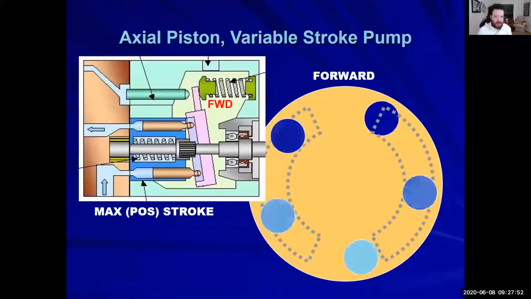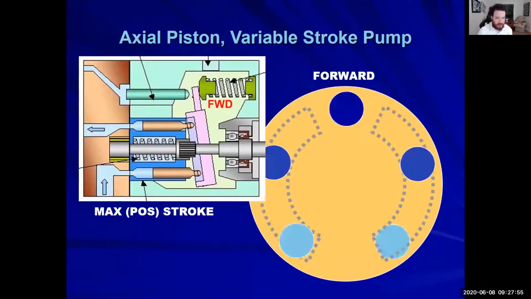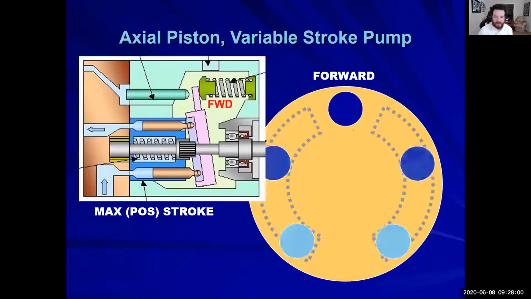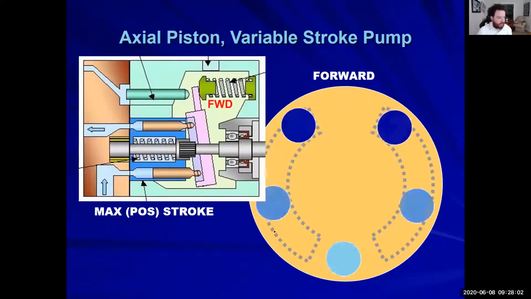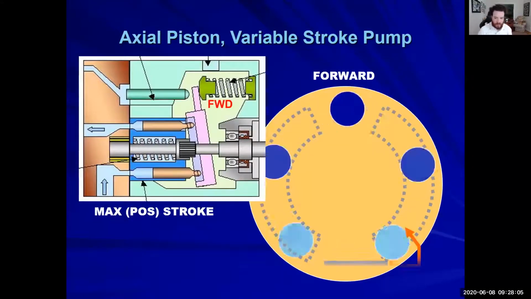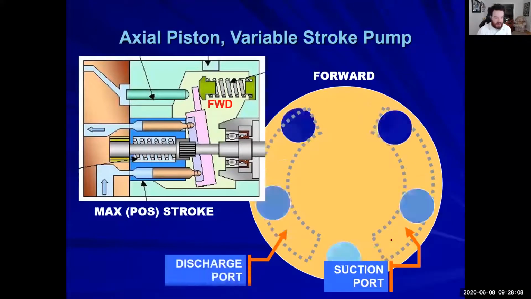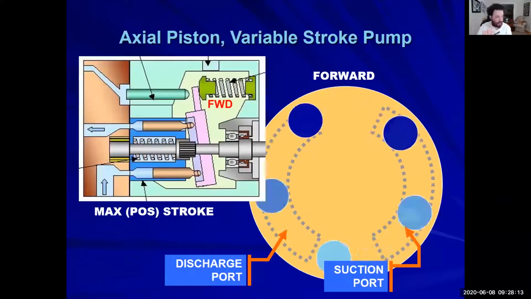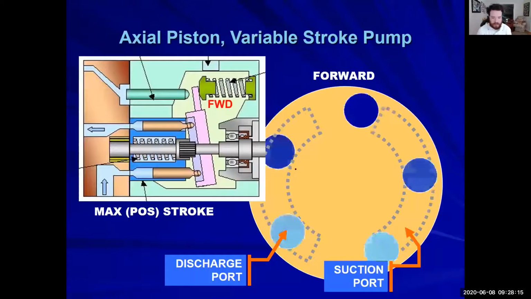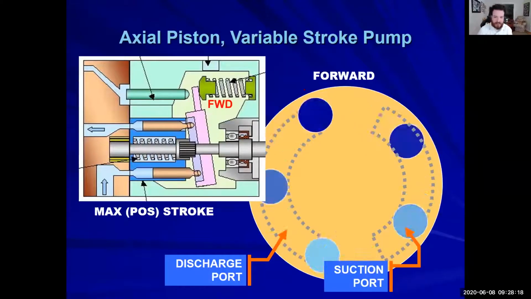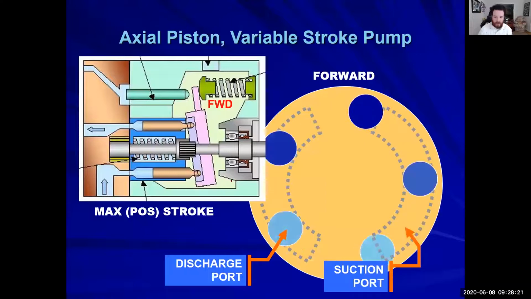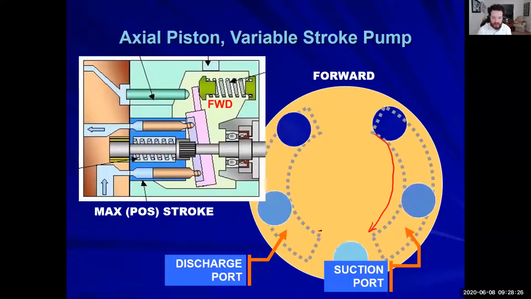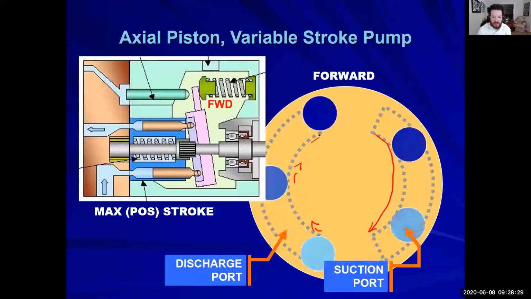If we have a forward tilt right now, and this is going to be matching up with that, we would have our suction port on the right and our discharge port on the left. We're looking dead down on the barrel. Every single time we come around, we're going to be sucking in on this entire side over here, and as soon as we reach this point, we're going to start discharging all of that fluid.